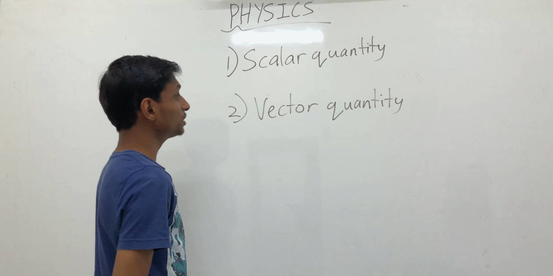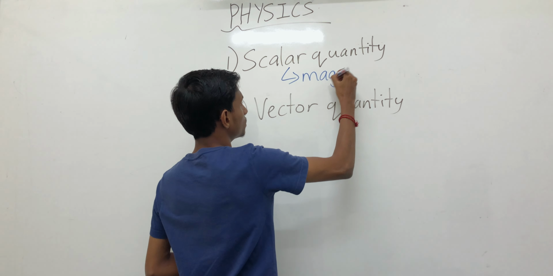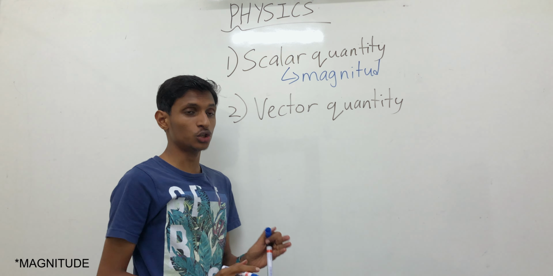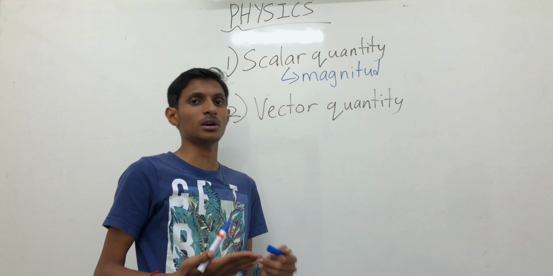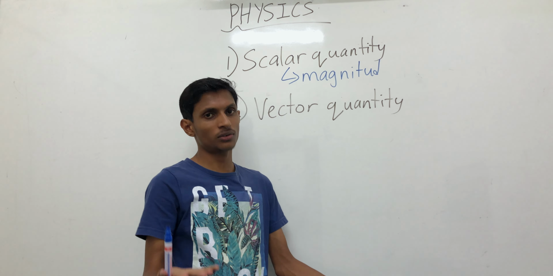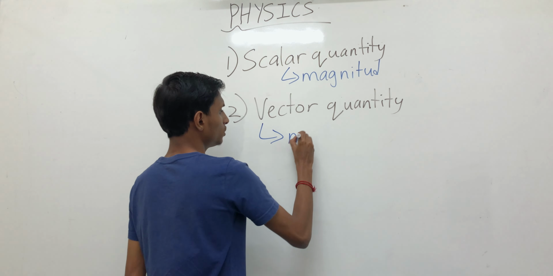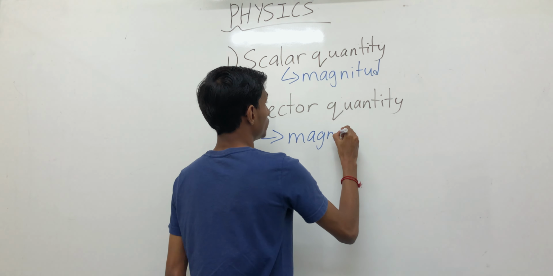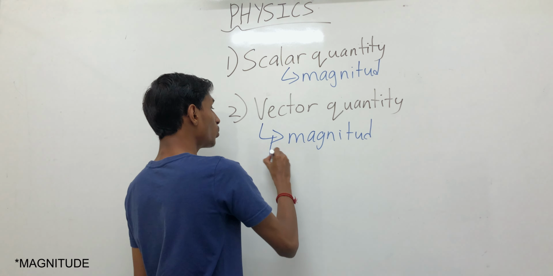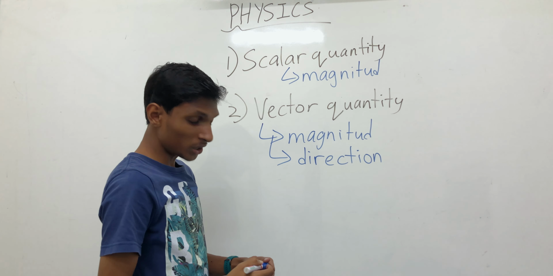Scalar quantity means it only has magnitude, which means it only has its number, like 100 kilometers, like 10 seconds. Vector quantities have magnitude too, all physical quantities must have a magnitude, but a vector quantity also has direction. So that is what you need to know.